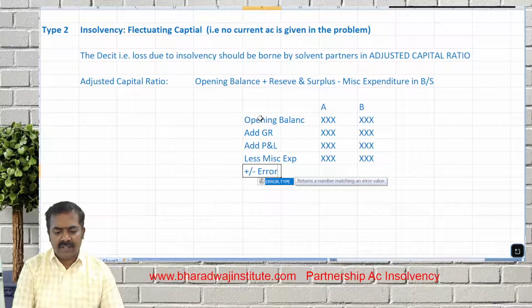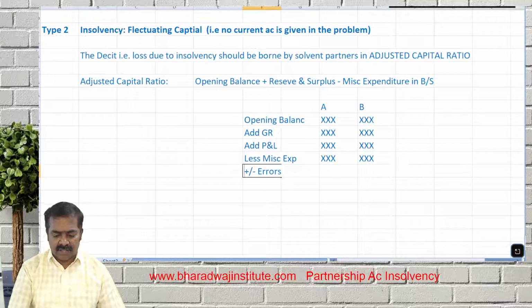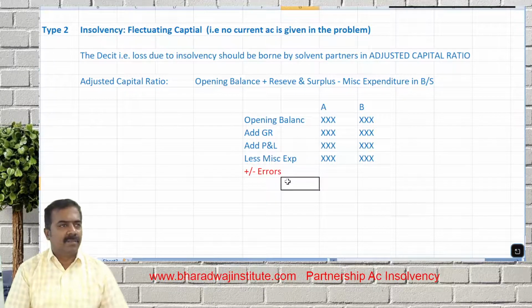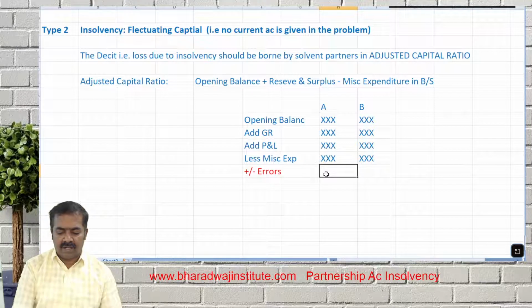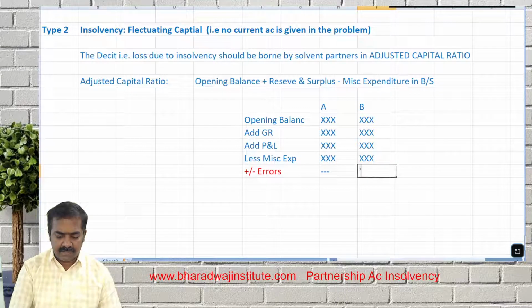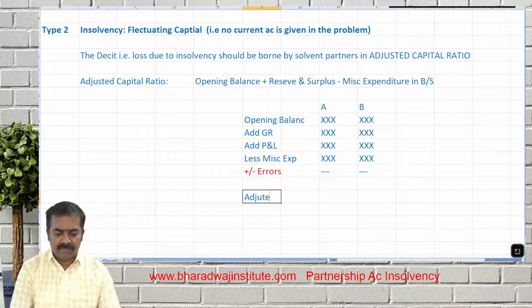Suppose errors are not rectified, like drawings omitted, or asset taken over not recorded in books, cash used not recorded in books. If there is any error, we will adjust it. This is called adjusted capital.